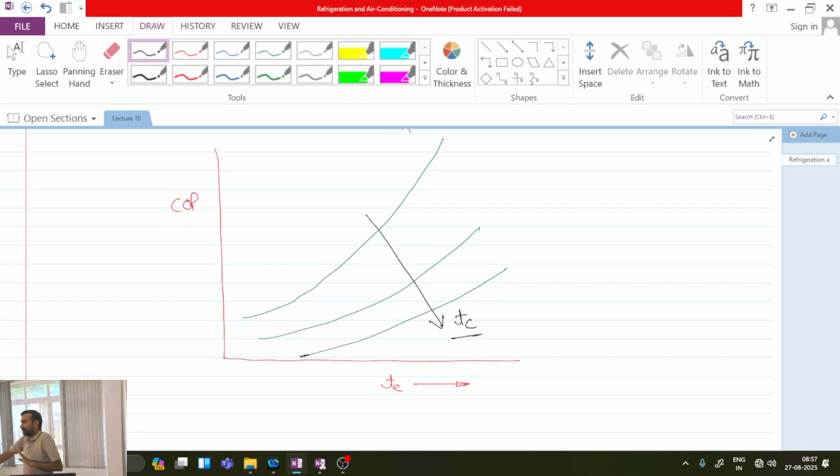Is this one clear? All are agreeing to this point? Okay, maybe we will talk about pull down and compressor work in the next lecture.